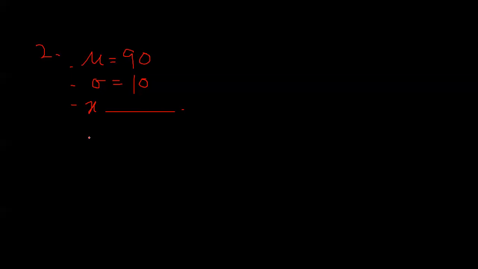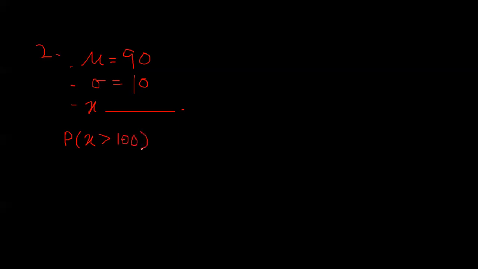Okay. And then what does the question say? The question says, what is the probability that a car picked at random is traveling at more than 100 km per hour? So the next key point here is P, X is more than 100.